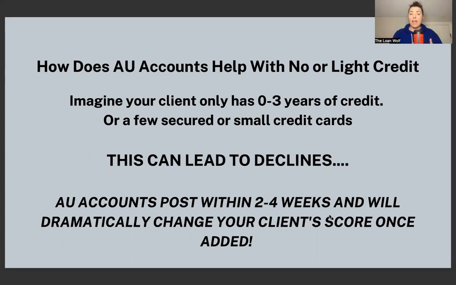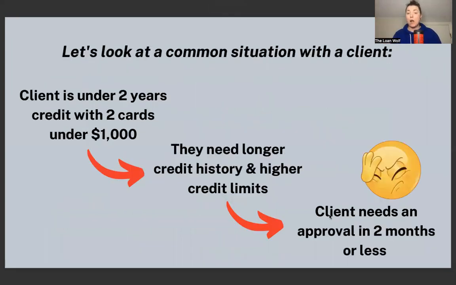So, how can the AU accounts help with this? An AU account can post within 2 to 4 weeks and will dramatically change your client's or your score once added. Let me break down something more specific so you can get a better understanding in your head of what this looks like. Here's a very common situation we see in clients.